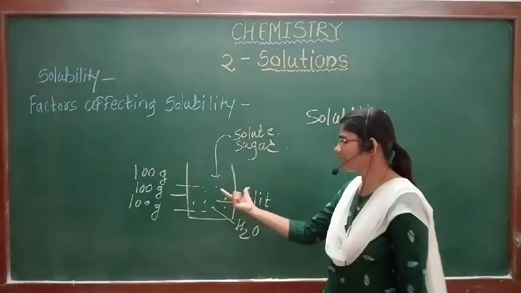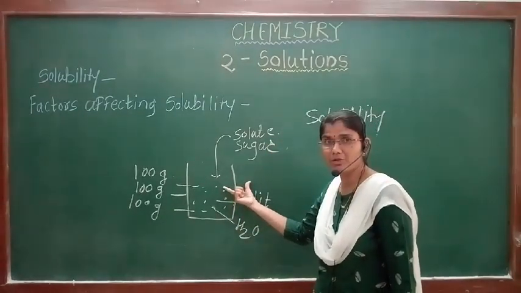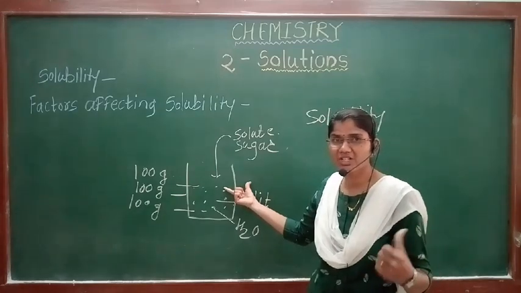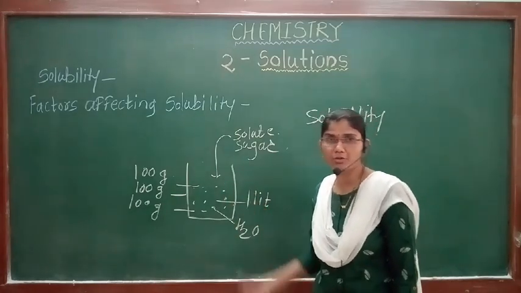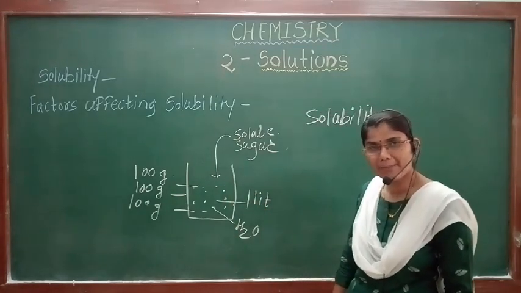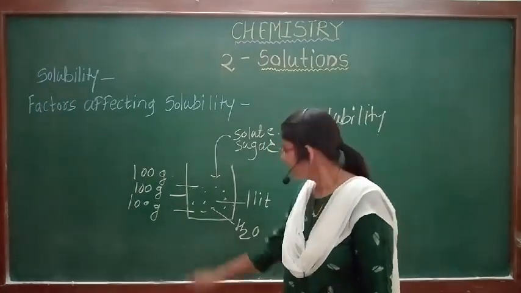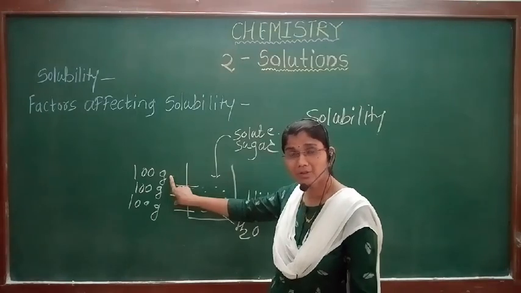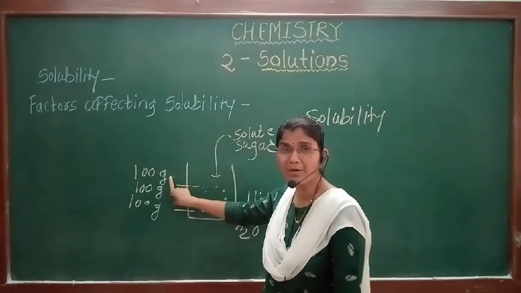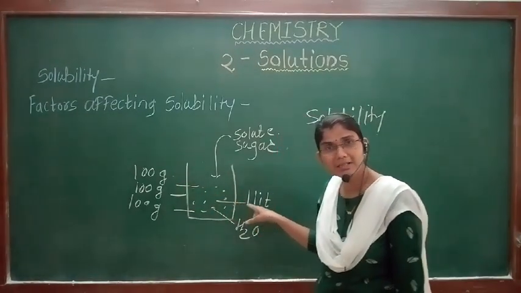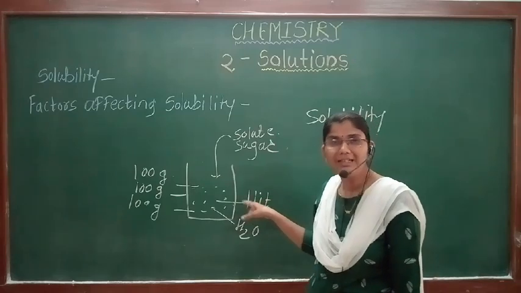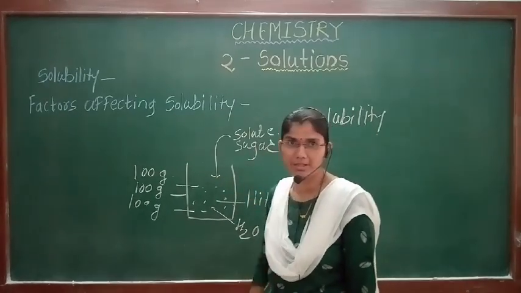Because the solution formed is which type of solution? From our previous lecture, it forms a saturated solution, because the capacity of the solvent to dissolve a solute is 300 gram of solute dissolved in the given amount of 1 liter solvent, then it forms a saturated solution.